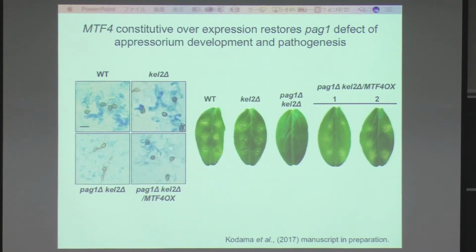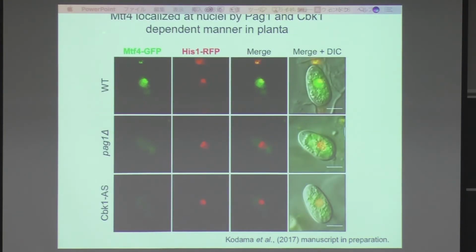The introduction of the MTF4 overexpressor to the double mutant restored normal appressor formation and also pathogenesis. And furthermore, the dependency of MTF4 on MOR was further evaluated by cytological analysis of MTF4 localization.